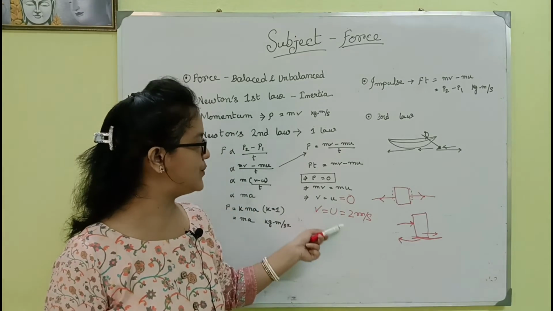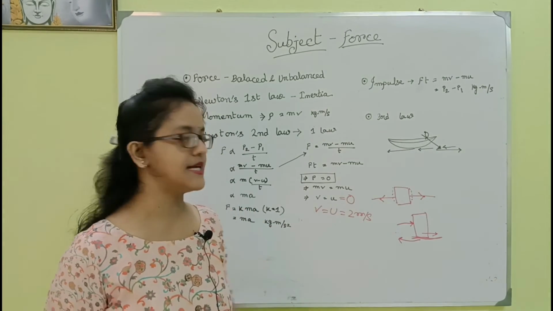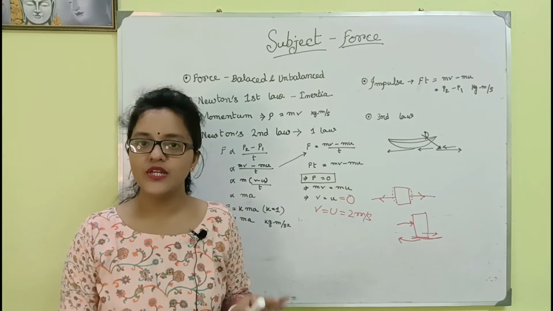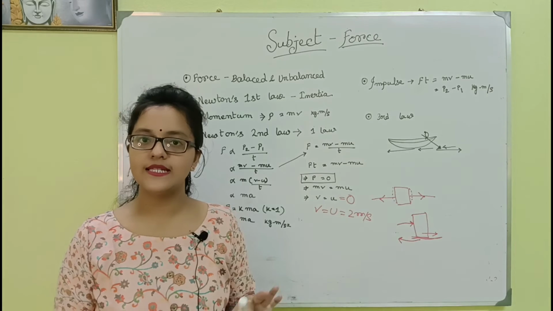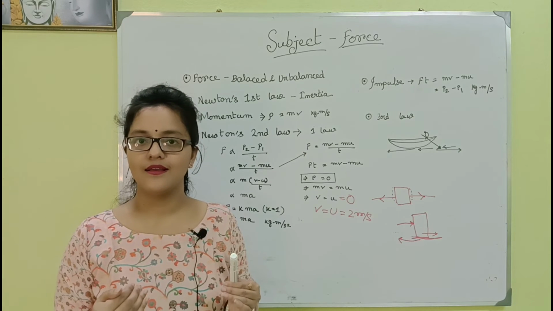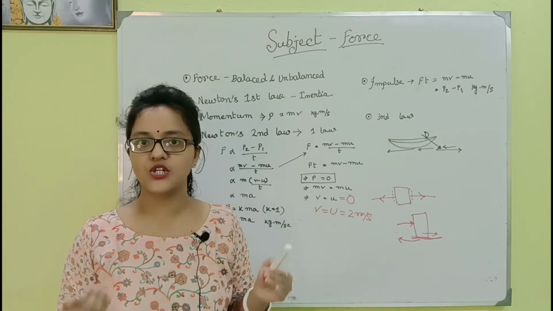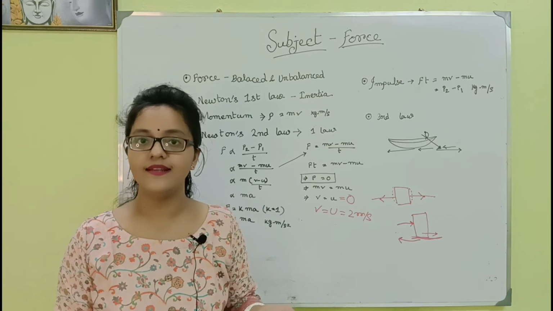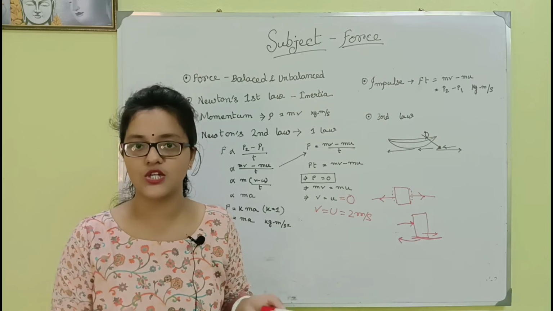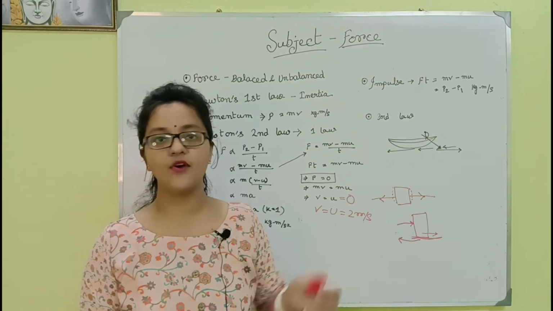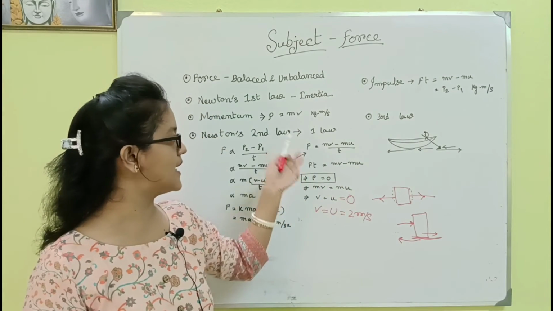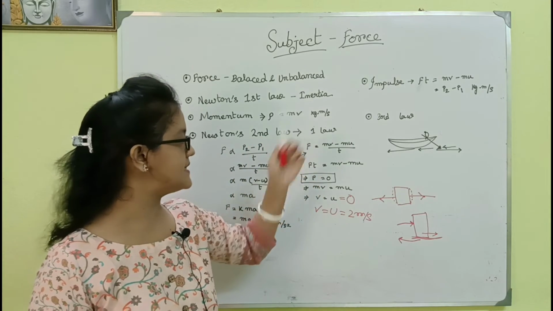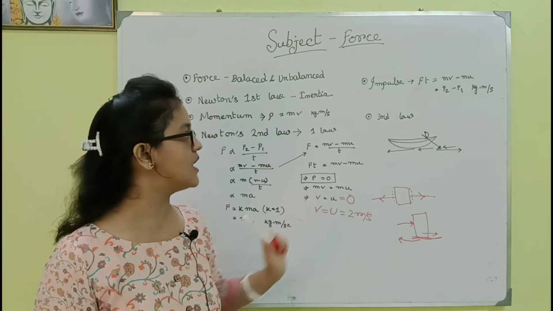When v is equal to u is equal to 2 meter per second, the body is in uniform motion. So this is the final representation of the first law. We can say that from the second law we can get the idea of the first law in such a way.